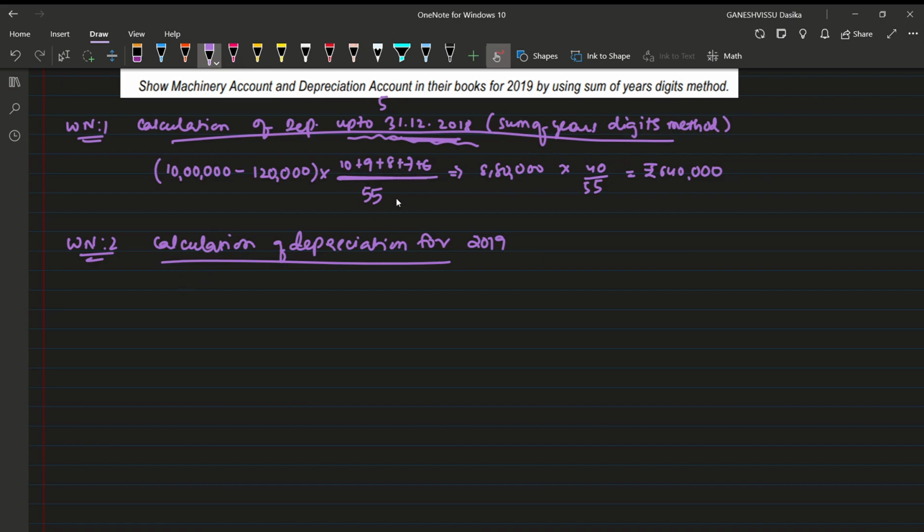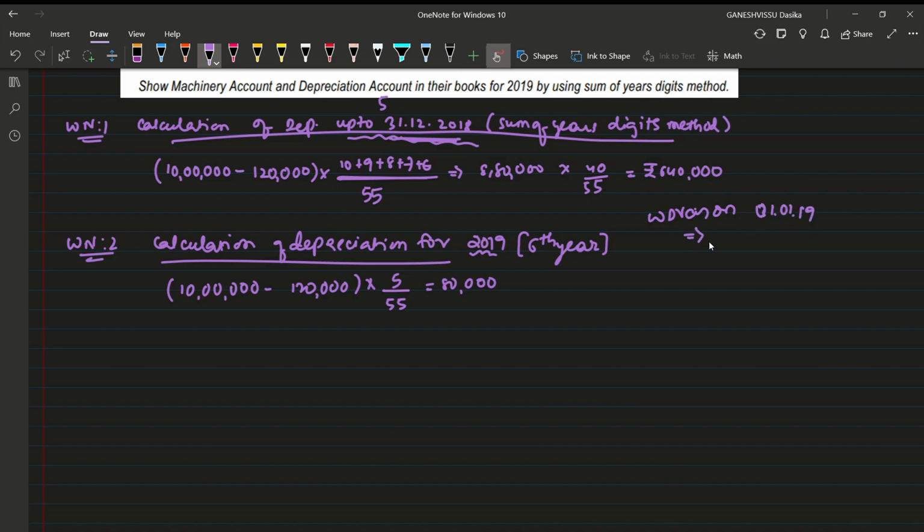Then for 2019, this is the 6th year, and after 6 that would be 5. So 10 lakhs minus 1 lakh 20,000, into the 5th year, 6th year means 5 we are going to use, divided by 55. So 8 lakhs 80,000 into 5 divided by 55 is 80,000. This is the depreciation for 2018-19. And before that we need to calculate the written down value as on 1st January 2019.